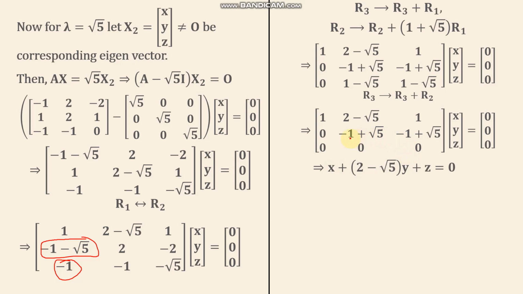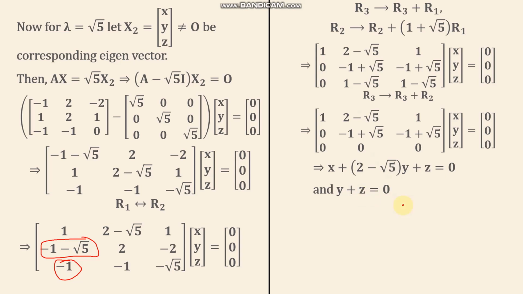The second equation will be y plus z equal to 0, because if you divide the second row by minus 1 plus root 5, you will get 1 here and 1 here. So the second equation is y plus z equal to 0.